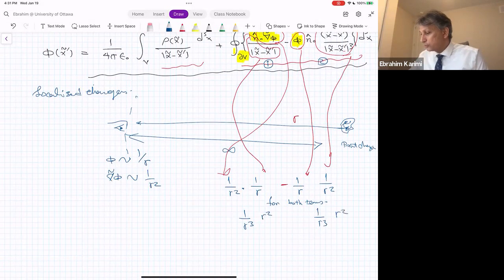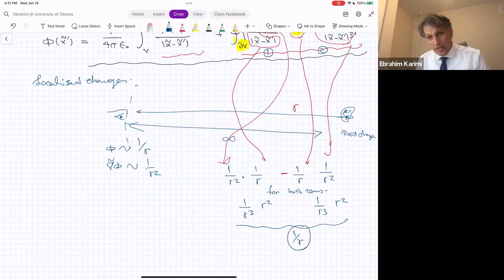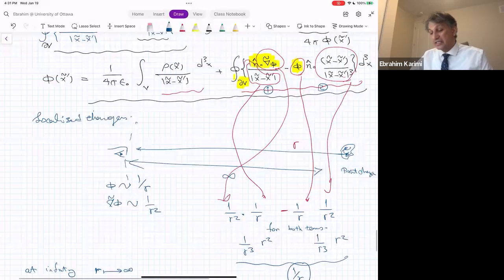So the entire both terms, they will scale up with 1 divided by r. Okay? When they scale up with 1 divided by r at infinity, or far distances, when r tends to infinity, then both surface integrals will tend to be 0.